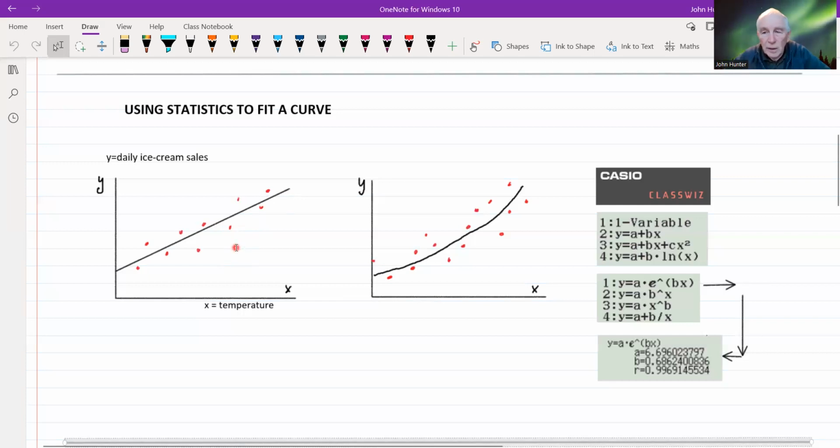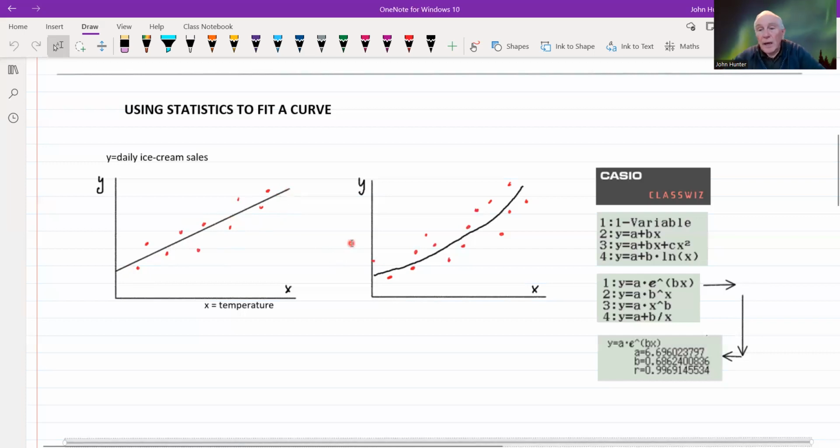So we go through our process on the calculator that finds the parameters, finds A and B, and this is also tied in with the concept of correlation. We can put those points into the calculator, calculate A and B, and that gives us the equation of this line, because A and B are the intercept and the gradient of the line. So that states it explicitly.